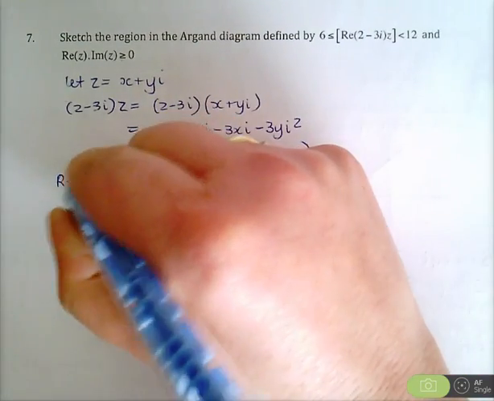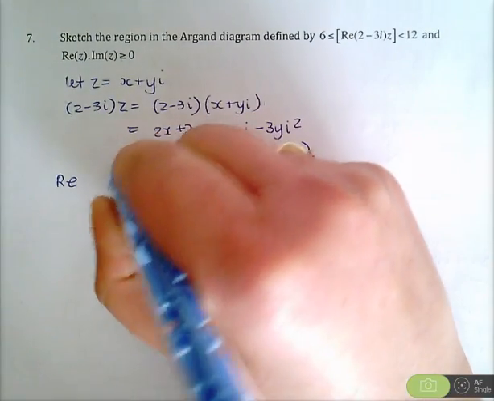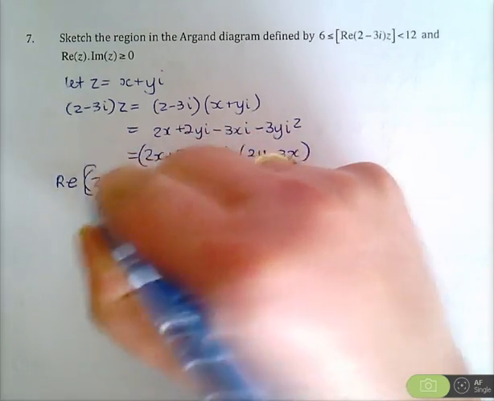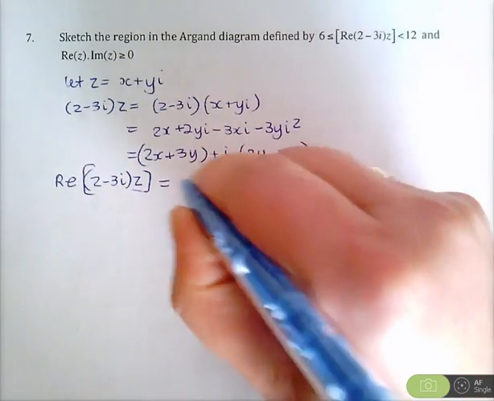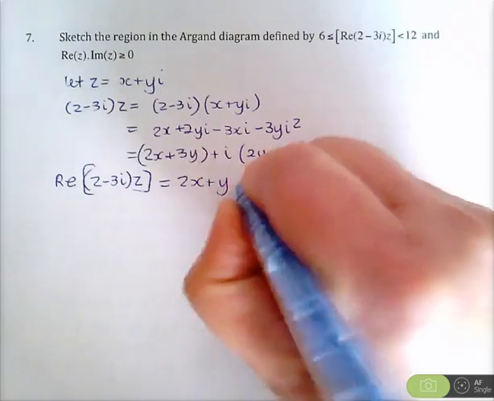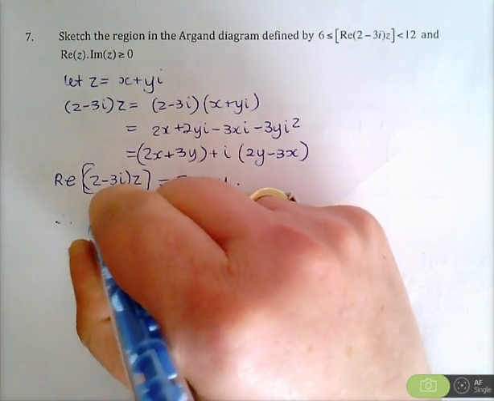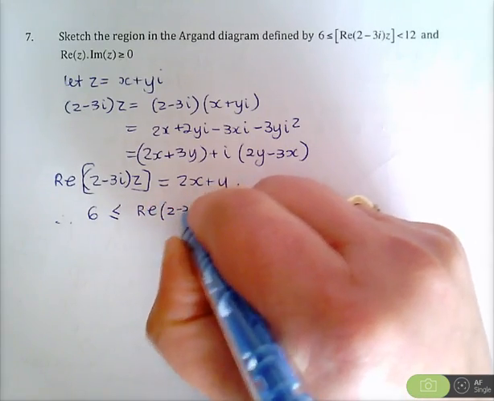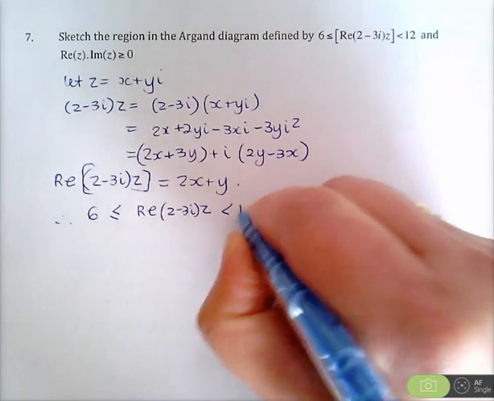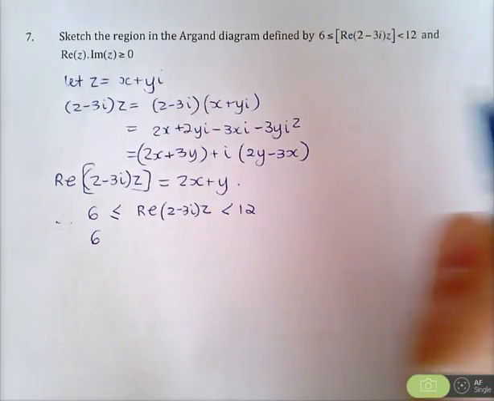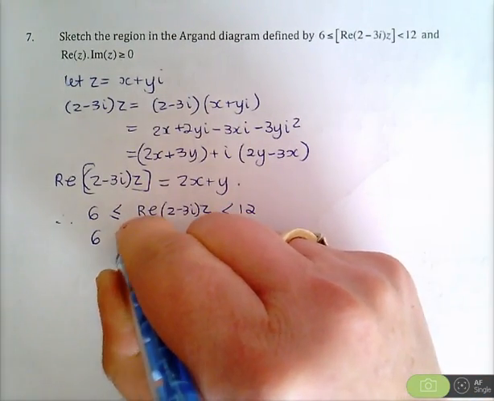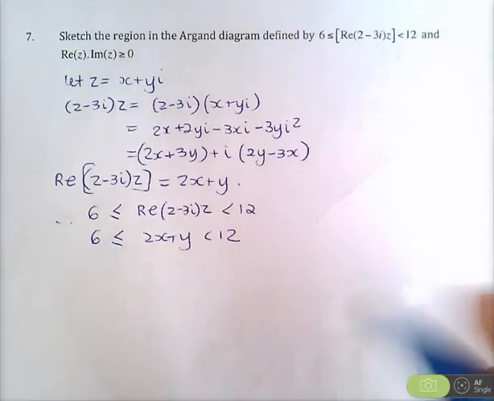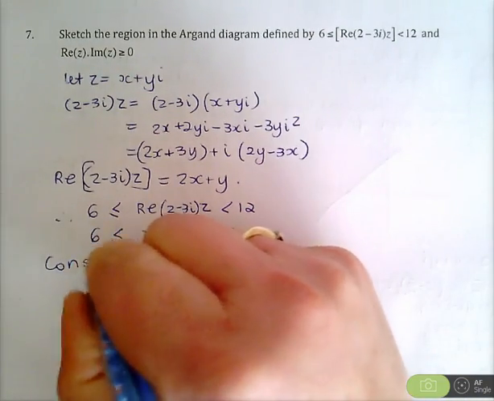So the real part of (2 minus 3i) times z is 2x plus 3y. So we want 6 to be less than or equal to the real part of (2 minus 3i) times z, which is less than 12. So this is the same as sketching 6 is less than or equal to 2x plus 3y, which is less than 12. So we need to consider two equations.